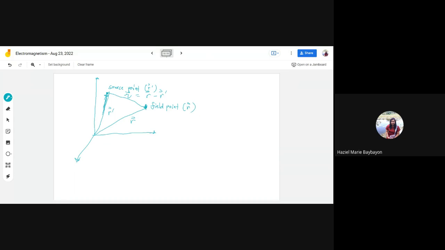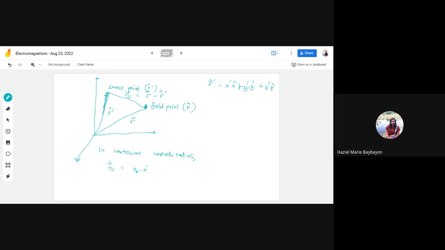Did you visualize it? Now, in Cartesian coordinates, we have the separation vector equal to X minus X prime. Suppose R prime has components X prime, Y prime, Z prime.